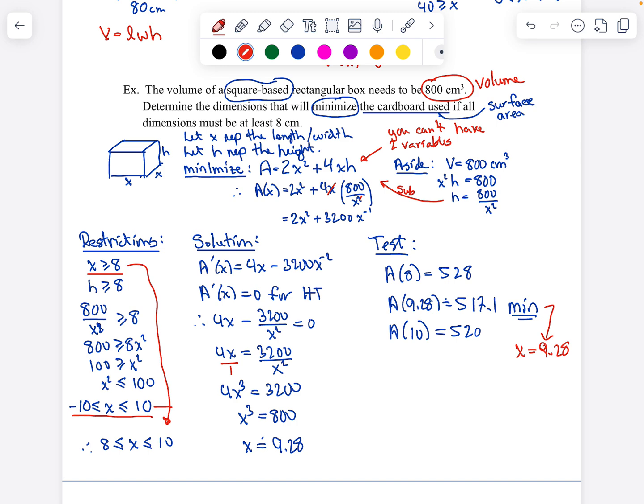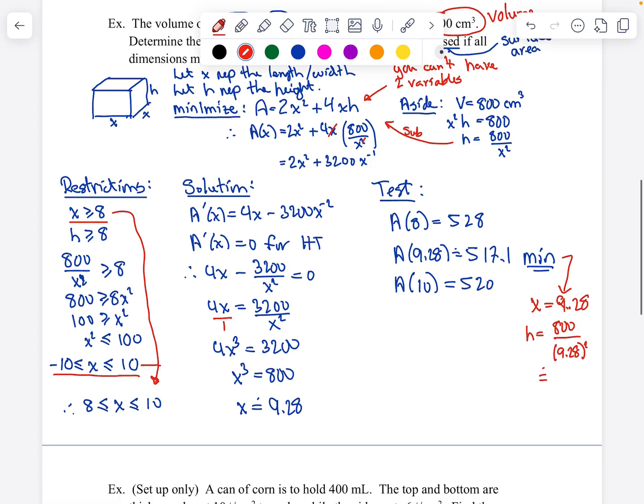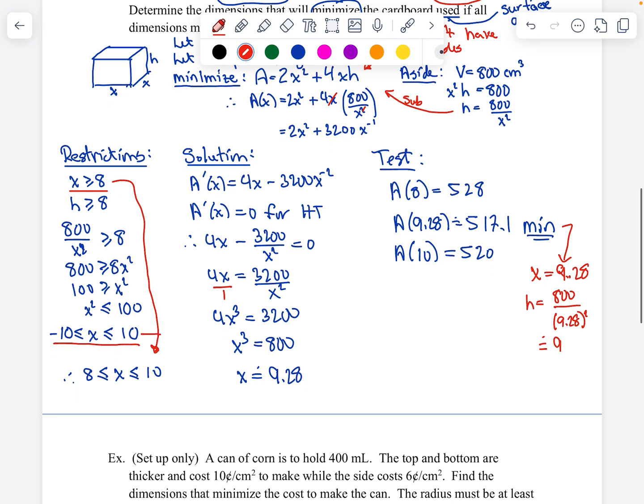So now we need to sub that back in using this equation right here. We know what the height is. If I substitute that back in, the height is equal to 800 divided by 9.28 squared, or approximately, interesting, it ends up being the exact same thing.